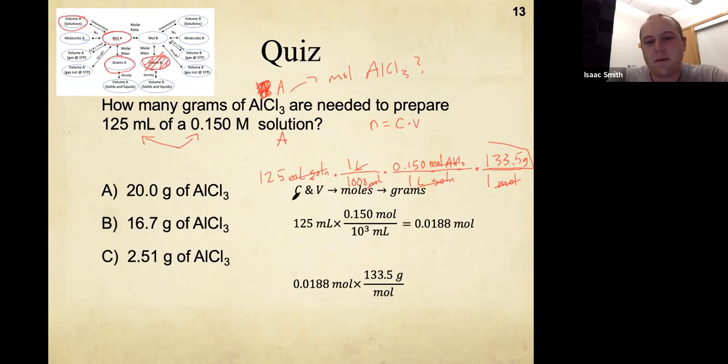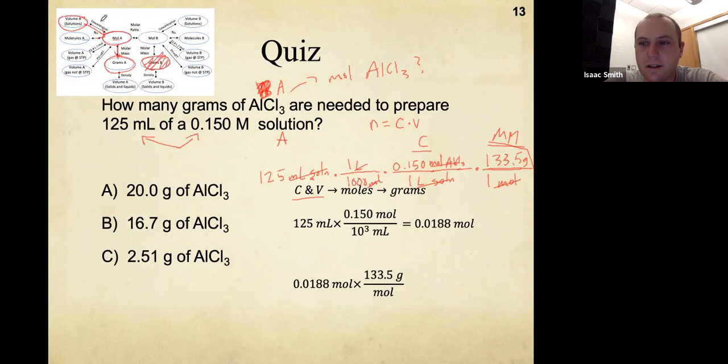Here's kind of another map. This is saying concentration and volume goes to moles and then to grams. That's what I'm showing here with the map. You go from volume to moles down to grams. So in this case, we use the concentration here, and then we use the molar mass to do the final conversion. So it's really not like using the map like we usually do, but I think the map, even in this problem, helps because it says, okay, how do we get from volume to moles?